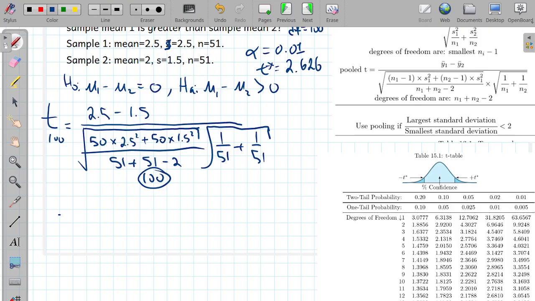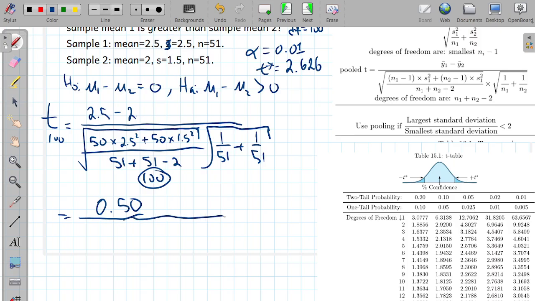Now, what do we have here? So the measured difference on this thing in the numerator. Did I write something down right? Oh, I did the wrong number in there. I'm getting number blind. Means are 2 and 2.5. This should be 2. Okay, so the measured difference is 0.50.